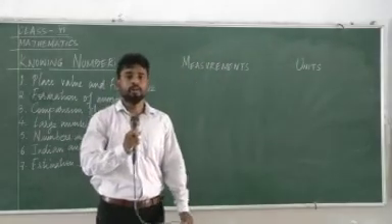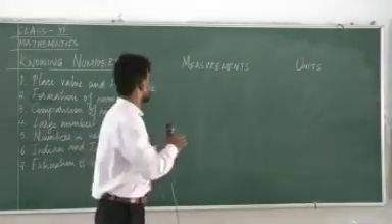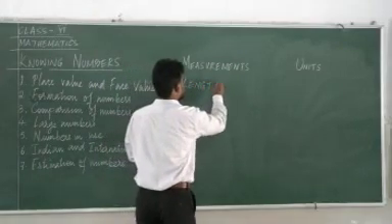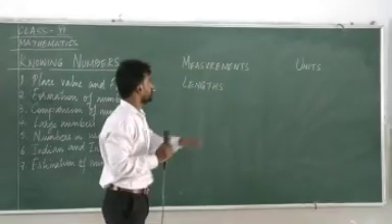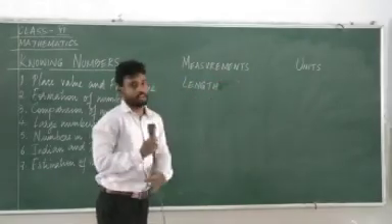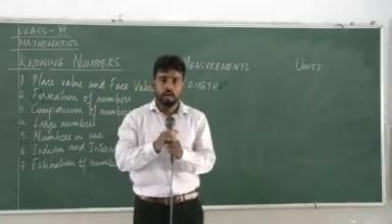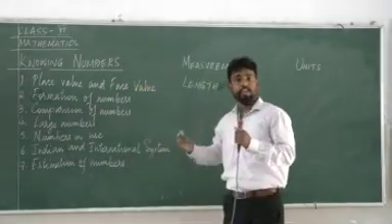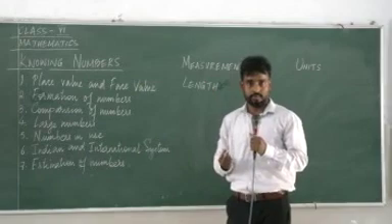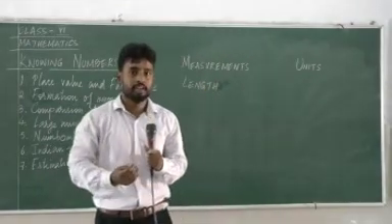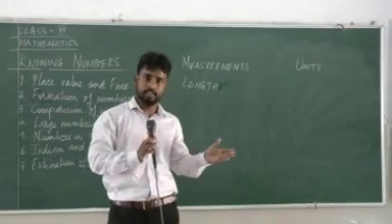Suppose we want to measure length. Now, in order to measure length, we use the unit meter. There are various other units also which can be used for measuring length.